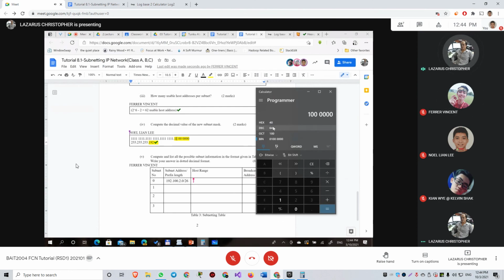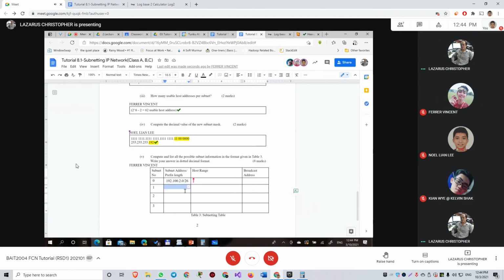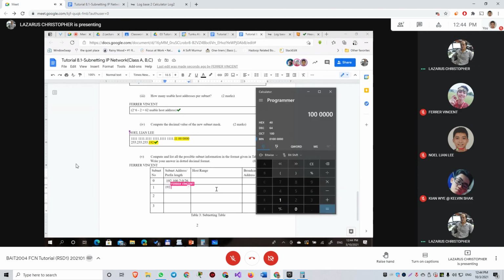So to use the magic number, you simply type 192.100, because that remains the same, dot 2 dot magic number 64, and then the prefix /26.